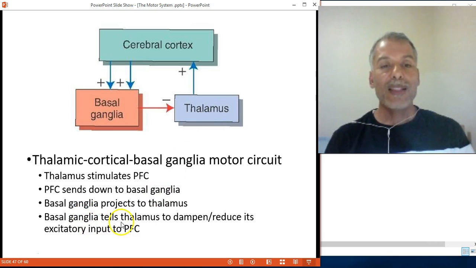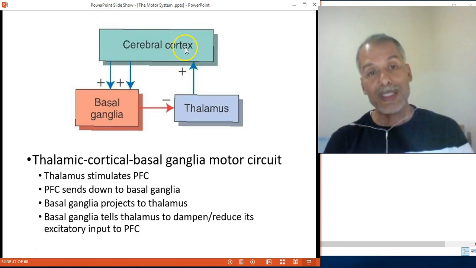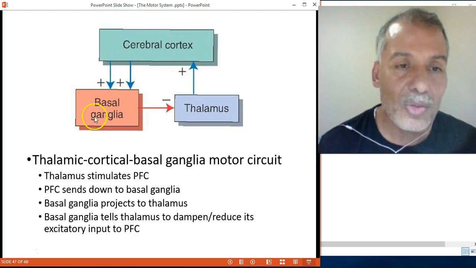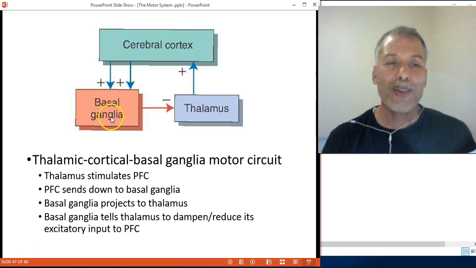So the basal ganglia tells the thalamus to dampen, to decrease, actually, the input that is going to the cerebral cortex. As if the thalamus is giving the cerebral cortex information, and the cerebral cortex says, this is too much. The cerebral cortex sends to the basal ganglia and says, you are a consultant.